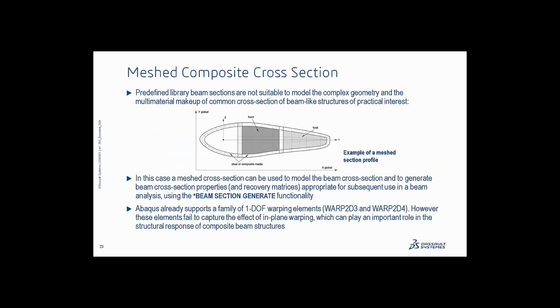Another enhancement related to the use of beam models is related to meshed composite cross sections. Here, composite doesn't necessarily mean composites in the typical sense of laminates. It could mean just different types of materials. An example here is maybe a steel outer shell with foam inside, or fluid, or whatever it is. So composite in a more general sense.